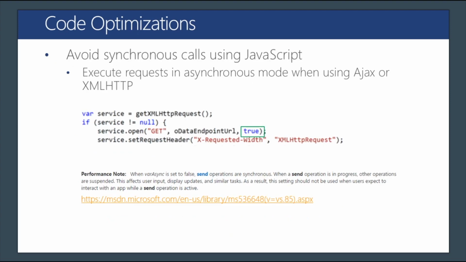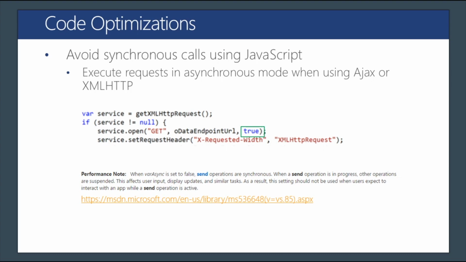And this is again an important one. I've seen numerous scenarios where the user on the entity form is frozen because there is a synchronous JavaScript call happening in the background, and the user is not able to do anything else.